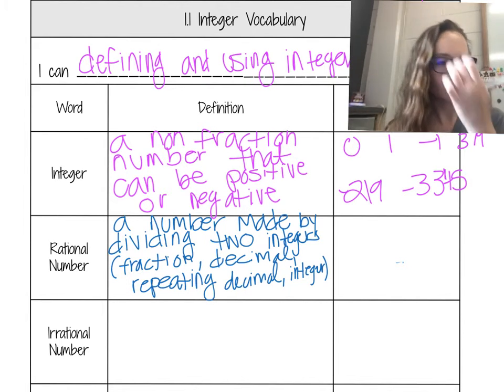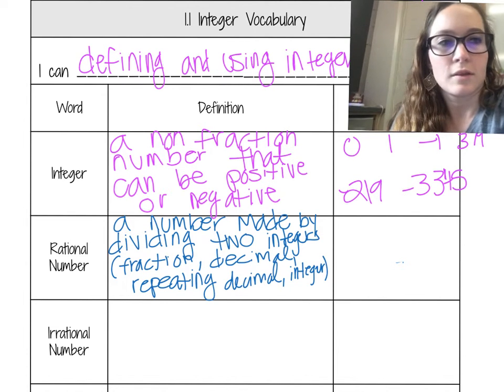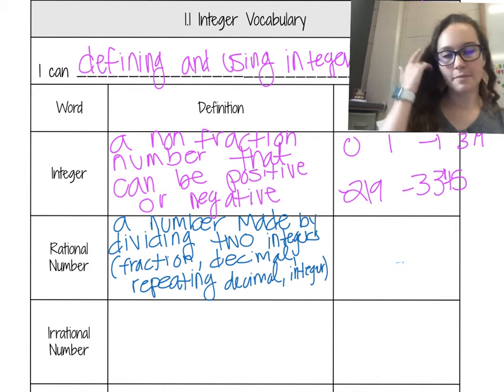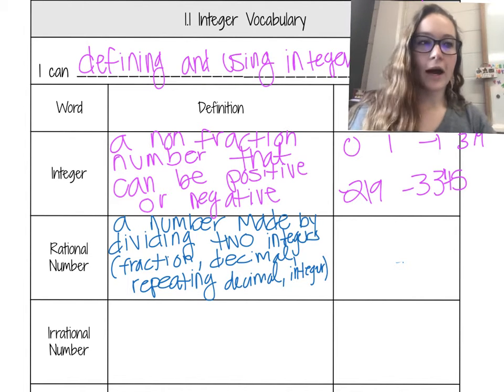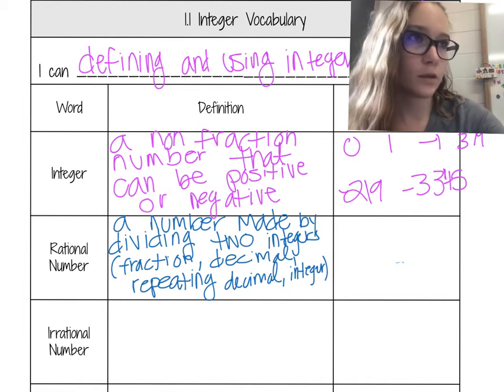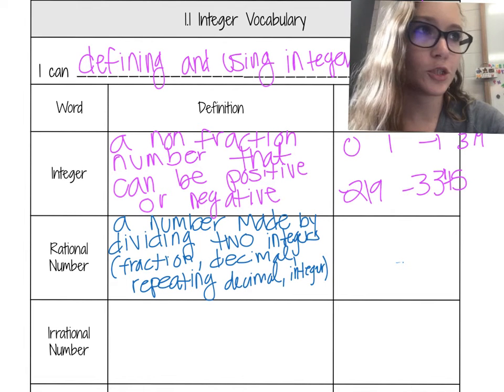My handwriting will get better as I go, I promise. I'll lower this, maybe it'll help stabilize it. So I'm just going to pick some integers to divide. Let's do 1 divided by 2.